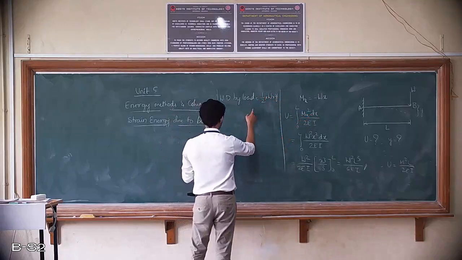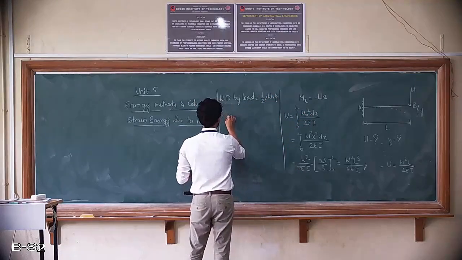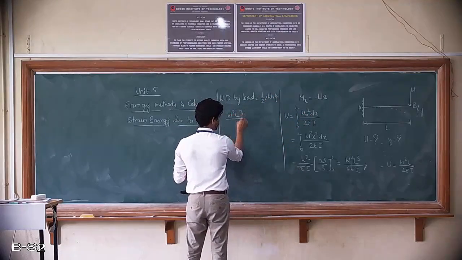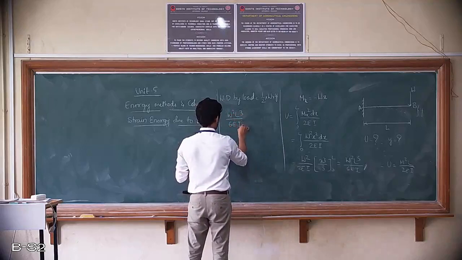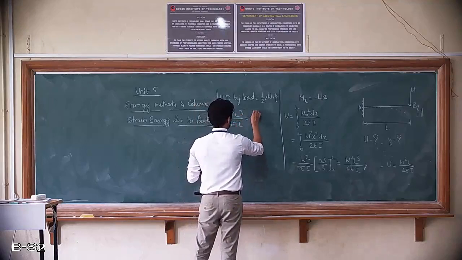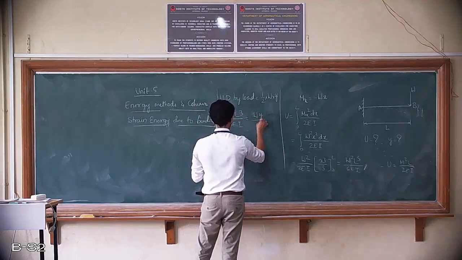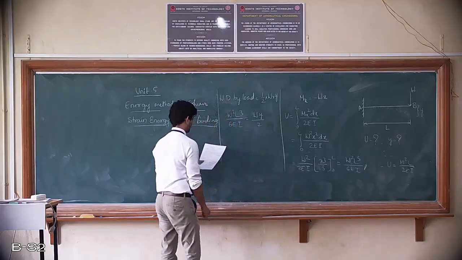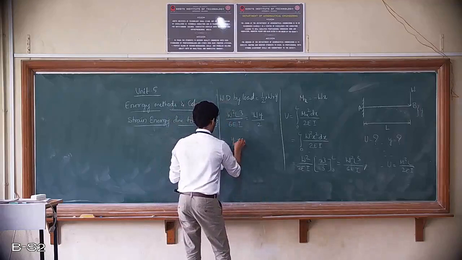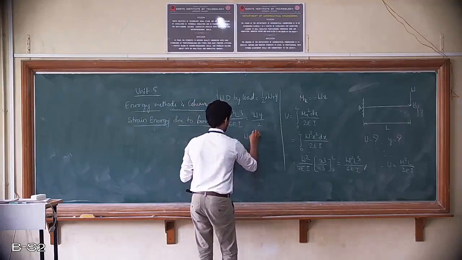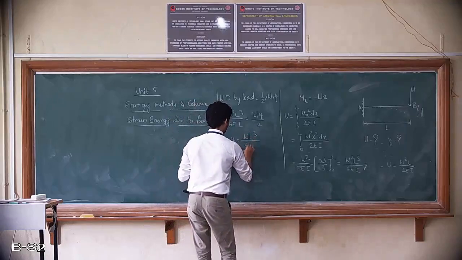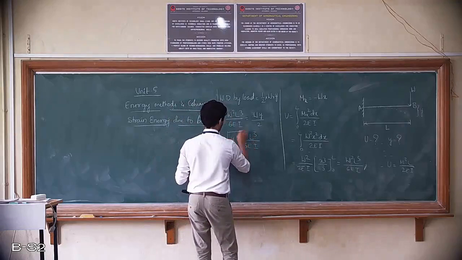Now, work done is nothing but, just now we have deduced, W square L cube divided by 6EI is equal to WY divided by 2. So Y is going to be W L cube divided by 3EI.